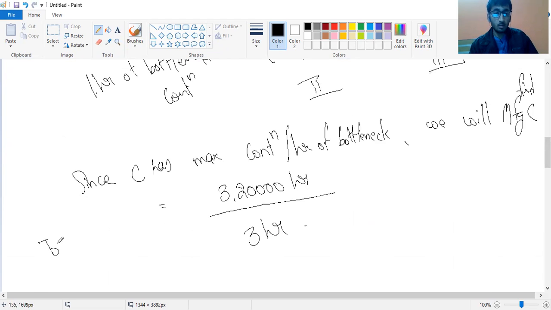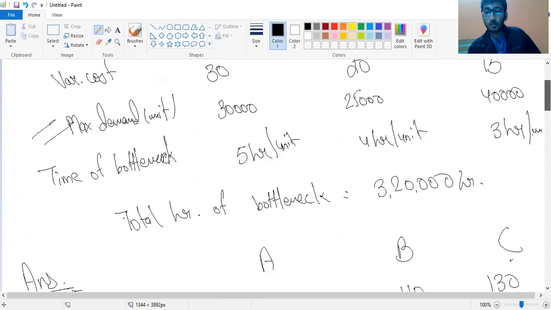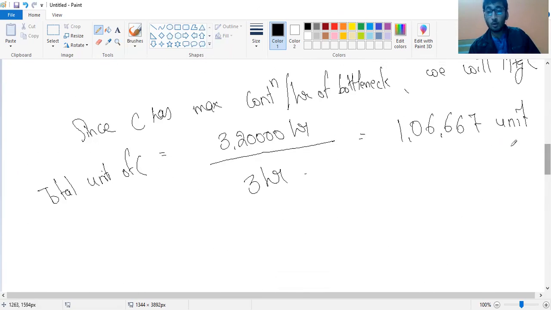So total units of C which we can manufacture out of the bottleneck resource, let me calculate, 3,20,000 divided by 3. I can manufacture 1,06,667 units of C in total.